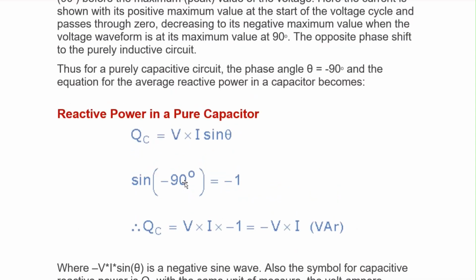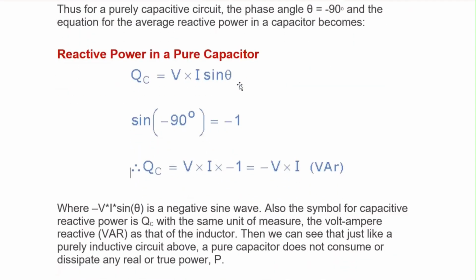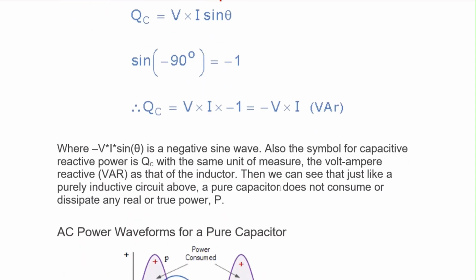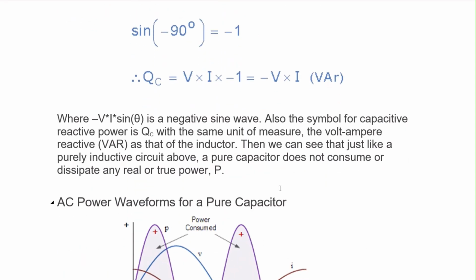So QC is equal to V into I sine theta, with sine of minus 90 degrees, because your voltage is lagging, current is leading, so it is minus. So QC is equal to V into I into minus 1, so VIR, but there is a negative sign here. In the earlier case, the inductive circuit, it was kept positive. Here it is kept negative. So VI sine theta has a negative sign.